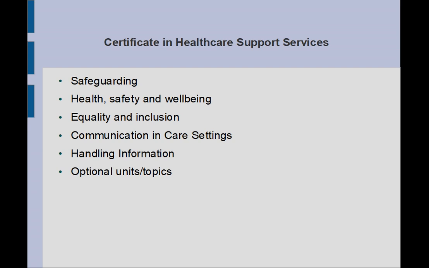Everybody's got a right to privacy, so we need to know how to handle information securely and confidentially, as well as understand barriers to communication and people's communication needs to be able to communicate effectively. So you could talk a little bit about how these units will be relevant when you're working in your role.